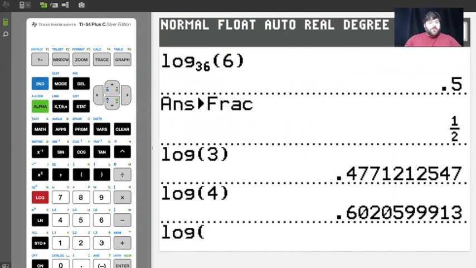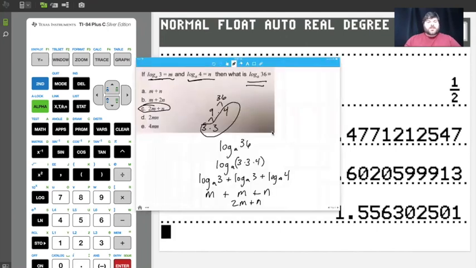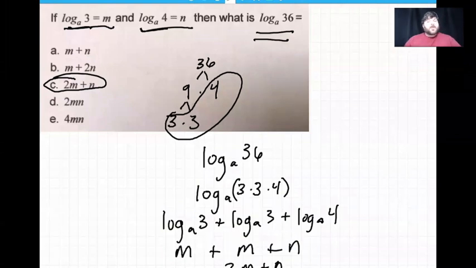And then log of 36 would be this. Now, it's hard to tell, but if you add 2 of these 0.47s together, and you add it to one of these 0.60s, you get 1.556. You could look at your answer choices and see which ones wouldn't work. You could try them out. So there's an example of actually coming up with values for m and n, and then seeing which values end up working.